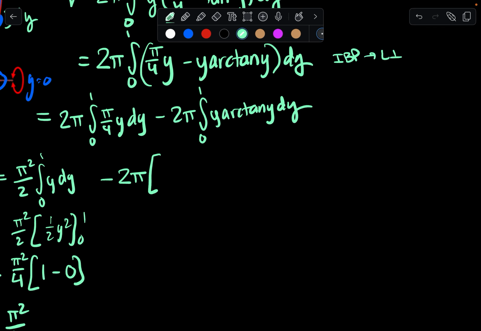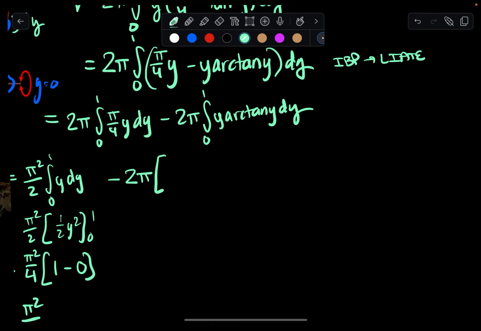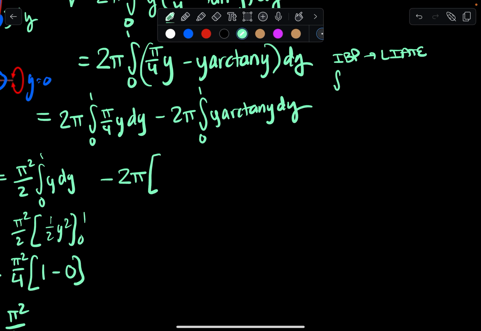Which means we have to think back to LIATE. And LIATE, the L means log, I is inverse trig, A is algebraic, T is trig, E is exponential. And whichever one we see occur in our argument first, that will be our u, okay? So if we think back, is this still charging? Okay, good. So when we're integrating and we're using u substitution or integration by parts, we think ultraviolet voodoo.